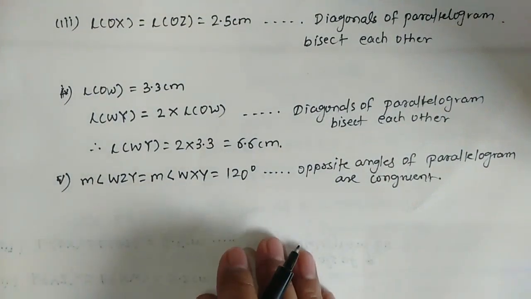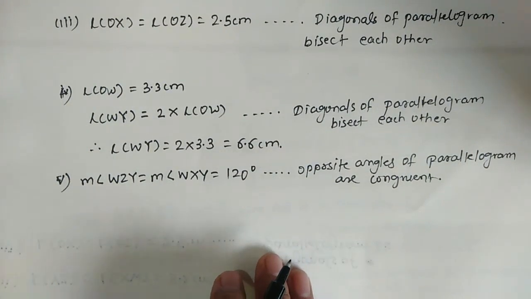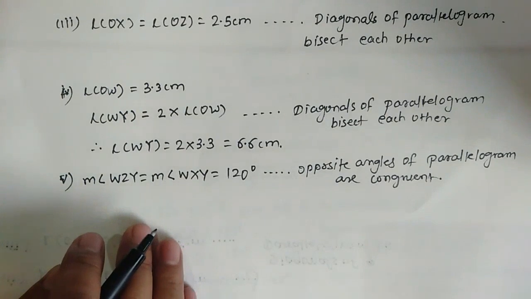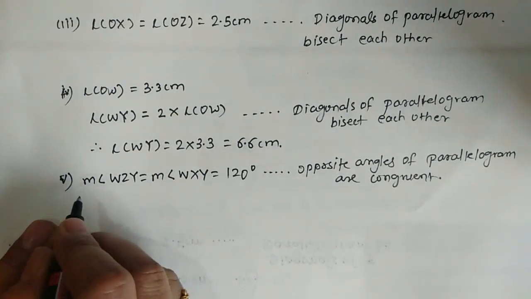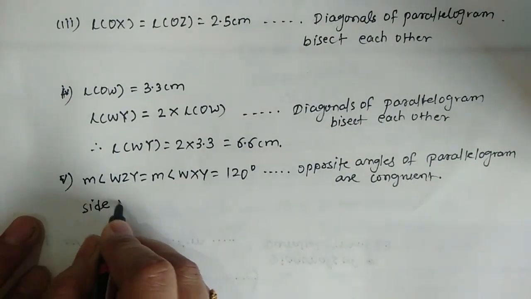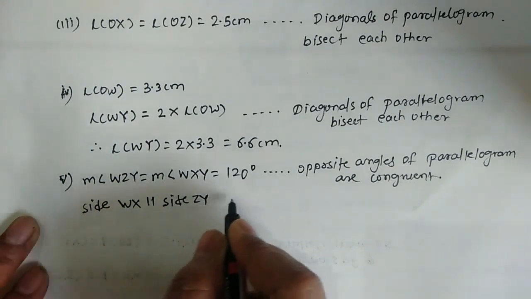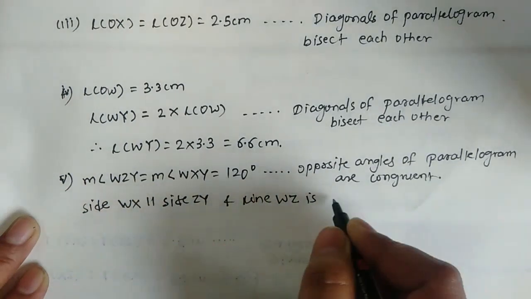Now see the next. We got the one pair of opposite angles. Now find out the measures of another pair of opposite angle. So see, side WX is parallel to side ZY and a line WZ is the transversal.